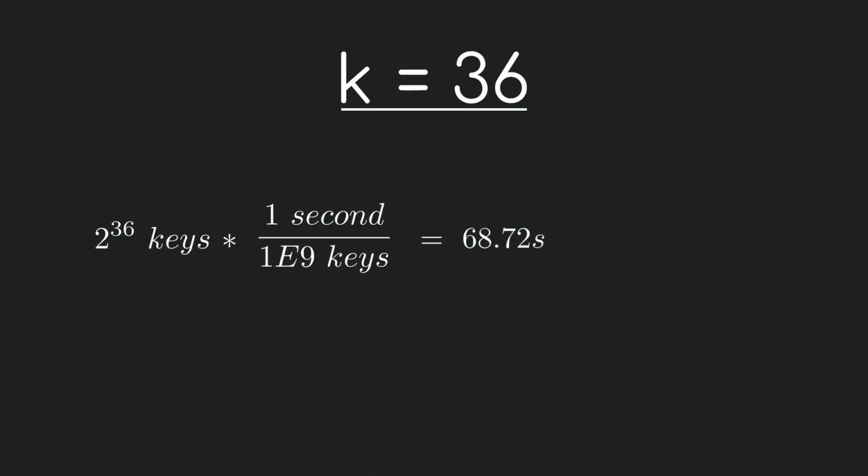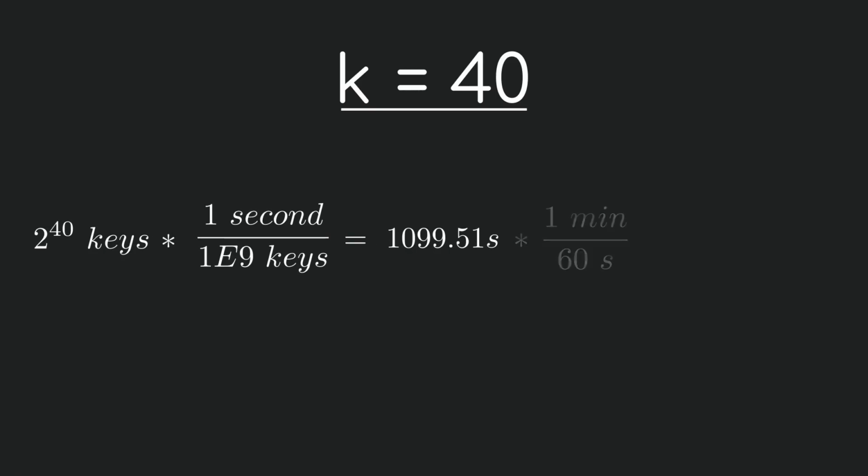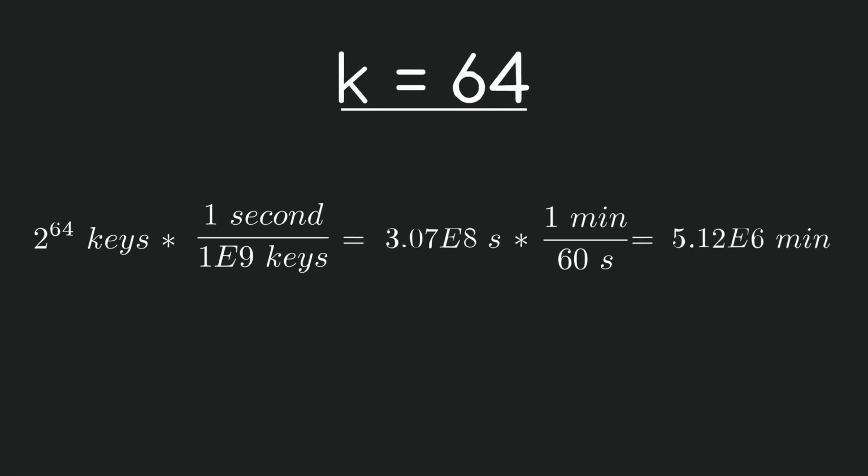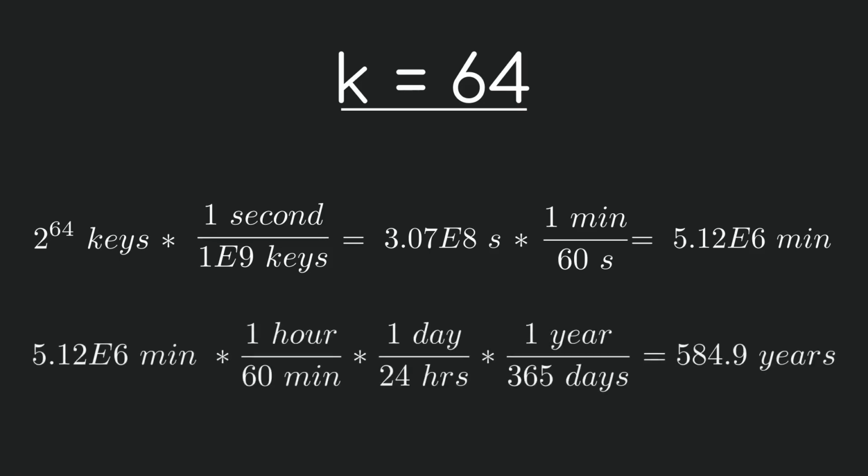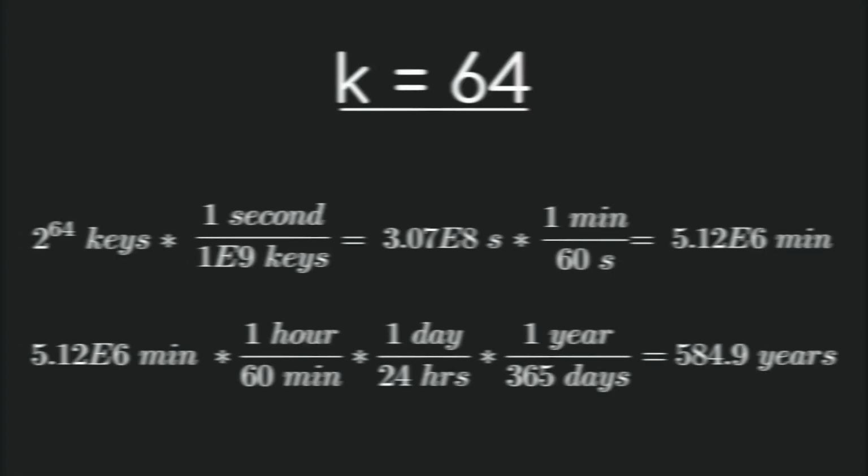What is neat is that just changing the key bits to 40 from 36 changes the expected time to brute force from approximately 1 minute to approximately 19 minutes, demonstrating the ability to scale the difficulty of the problem as the key size is changed. And if that exponential increase in difficulty is not felt enough, changing the key size to 64 bits changes the time to solve a single puzzle to 584.9 years.